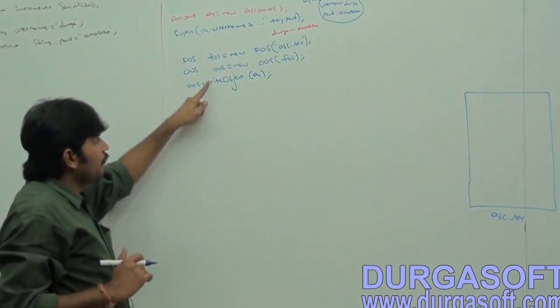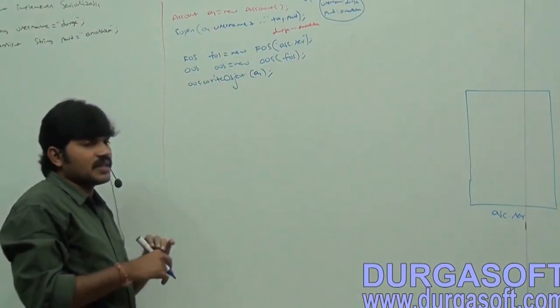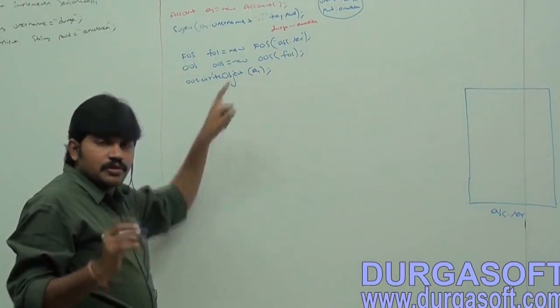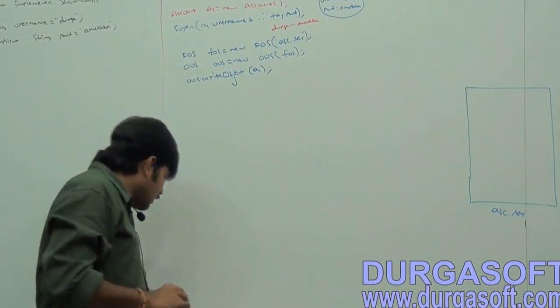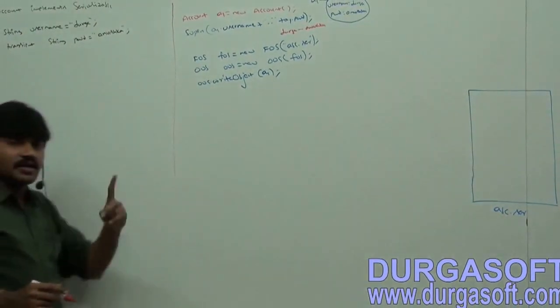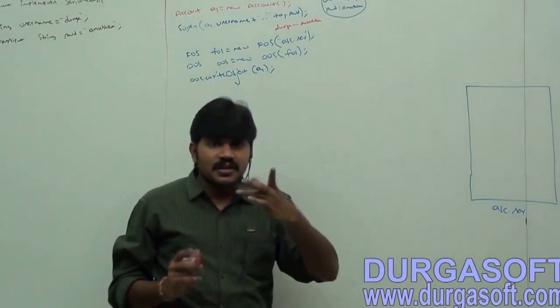Observe. Whenever we are trying to serialize the account object, immediately JVM will check whether in the Account class there is any writeObject method, because it is customized serialization.